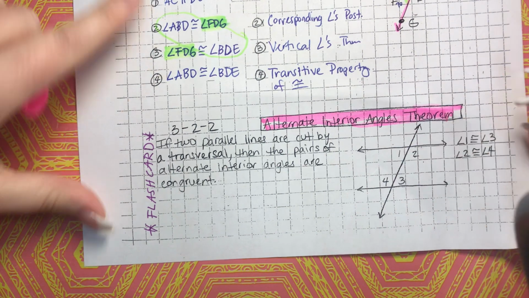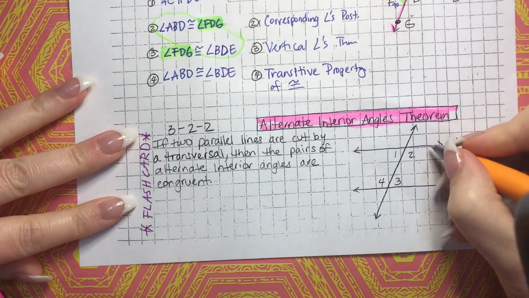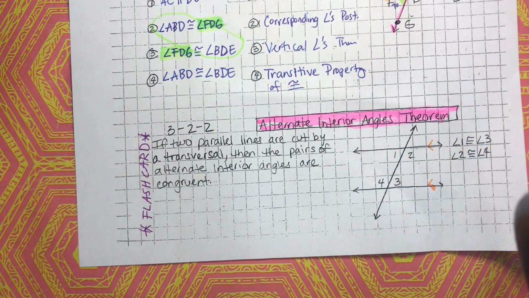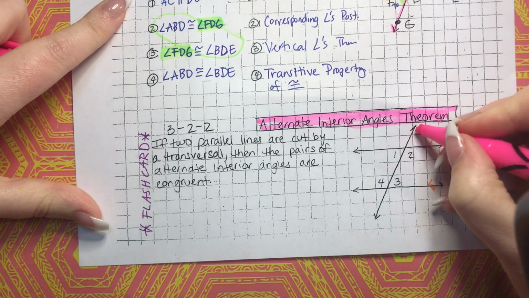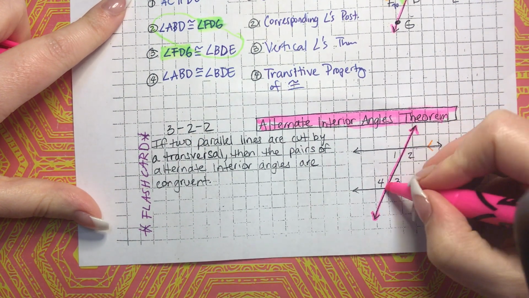And what the alternate interior angles theorem states is that if two parallel lines, there we have it again, that parallel line's super important, are cut by a transversal. So we have this transversal here that's cutting these two, right? It's intersecting with this line and this line.